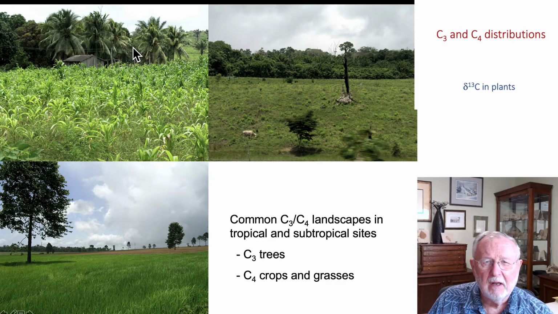Or we find the removal of the rainforest and an agricultural system comes in. Whether it's a C4 corn or a C4 millet, or a C4 sugarcane, we find that a lot of the vegetation that comes in from our agricultural purposes is a C4 type.